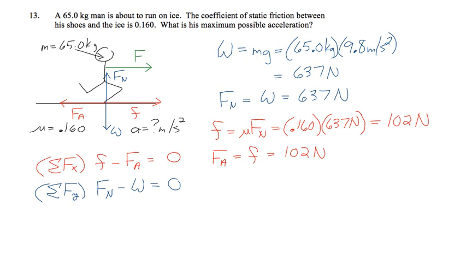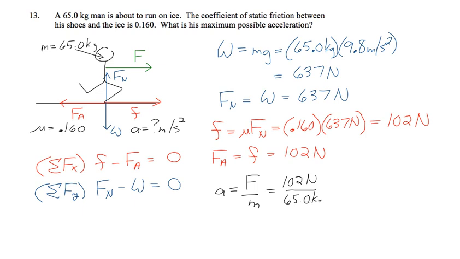So to solve for the acceleration in this problem, it's going to be F divided by M. The F being the unbalanced force on the person, which is caused by the ground. Because I pushed off, the ground pushes me forward and makes me accelerate. So it's going to be 102 newtons divided by the mass, which is 65 kilograms.